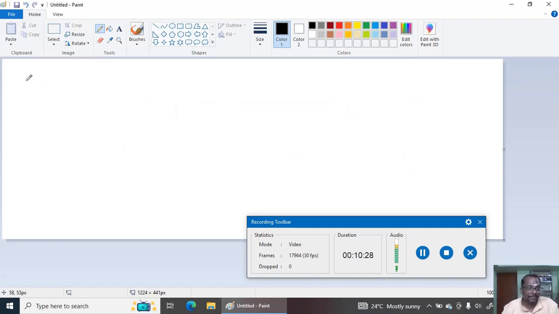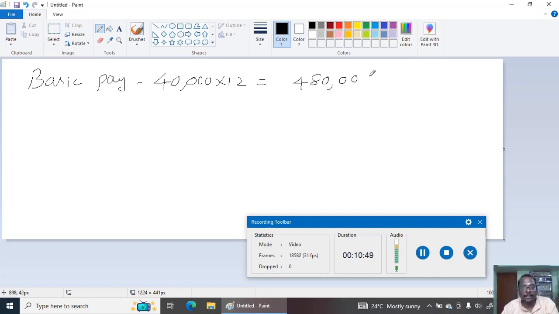I am reading out the sum. The basic pay is given, so you have to write the basic pay. The basic pay is 40,000 per month. Ultimately it comes to how much? 4,80,000 per year.